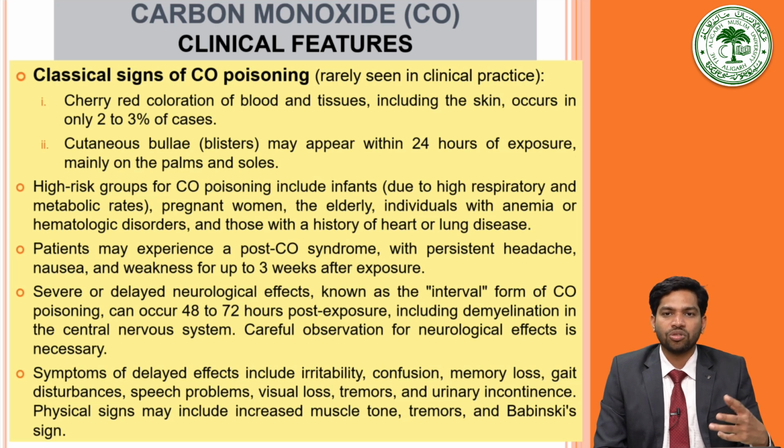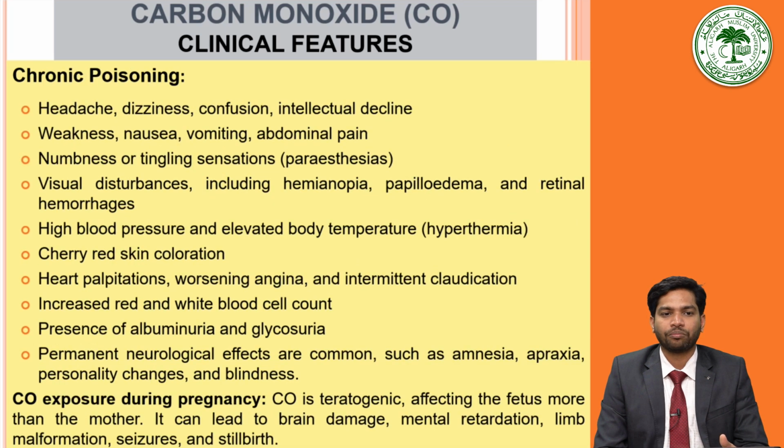In addition to those, we saw that according to the concentration of carboxyhemoglobin, different types of features are seen in patients of carbon monoxide poisoning. Then in case of chronic poisoning with carbon monoxide, patients may present with headache, dizziness, confusion, intellectual decline, weakness, nausea, vomiting, abdominal pain, numbness or tingling sensation, paresthesias, visual disturbances including hemianopia, papilledema and retinal hemorrhages.